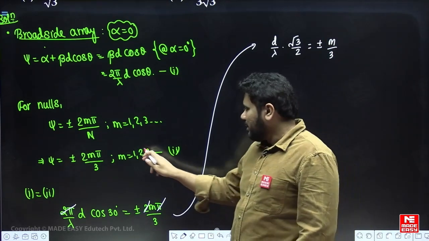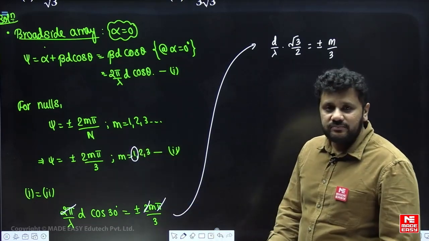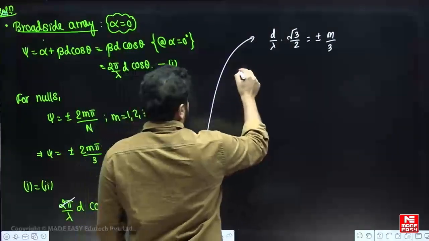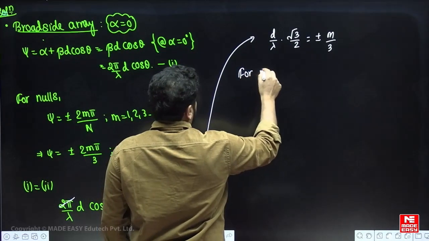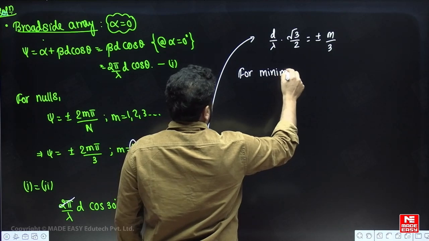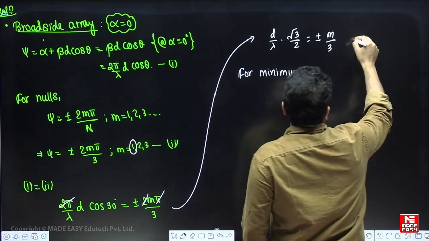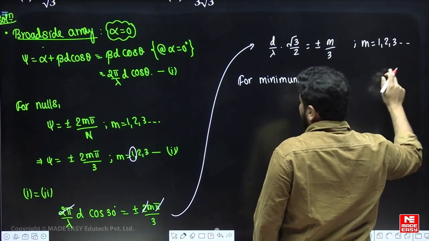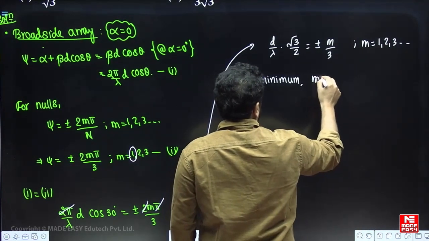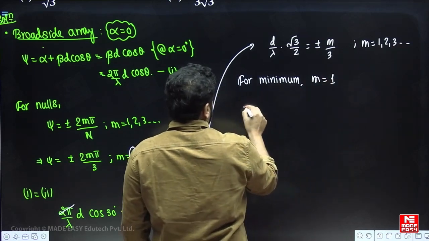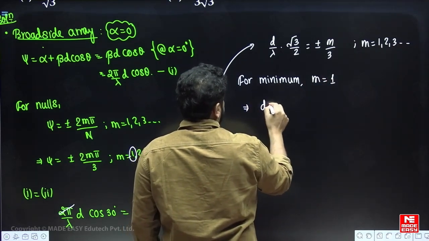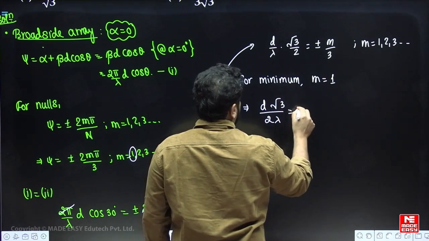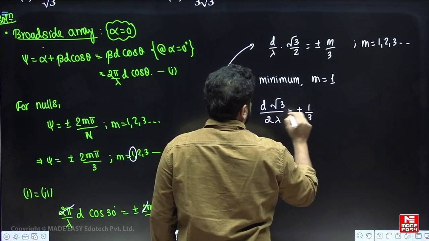So for minimum array, I have to put m equal to 1, right? Because they are asking what is the minimum array spacing, right? So for minimum, m is from 1, 2, 3 and so on. So for minimum m should be equal to 1. So therefore d root 3 upon 2 lambda is equal to plus minus 1 by 3, right?